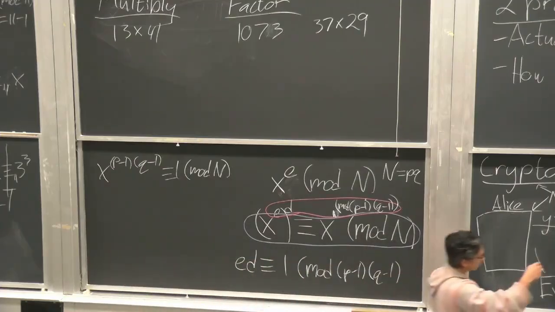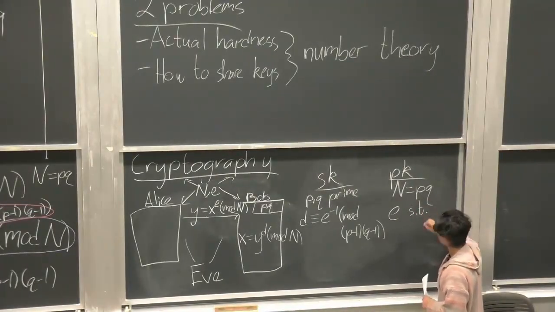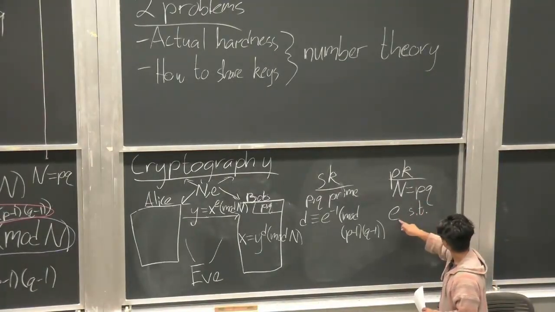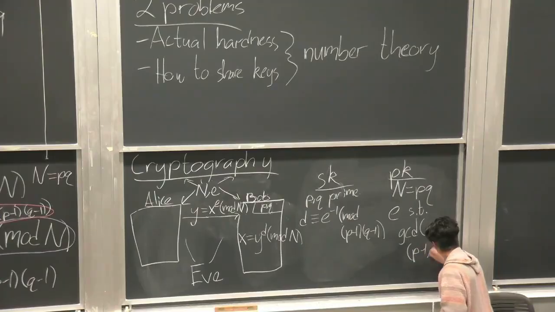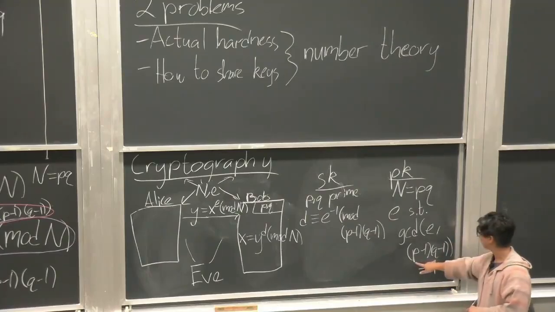So we'll make one last caveat here, and we've fully constructed the RSA crypto system, which is e such that GCD of e and p minus 1, q minus 1 is equal to 1. That is, e is co-prime to p minus 1 times q minus 1.